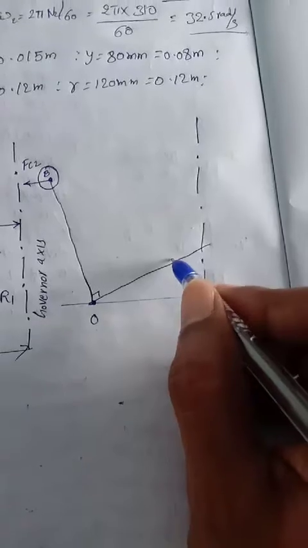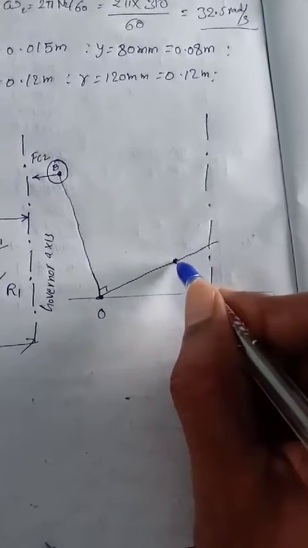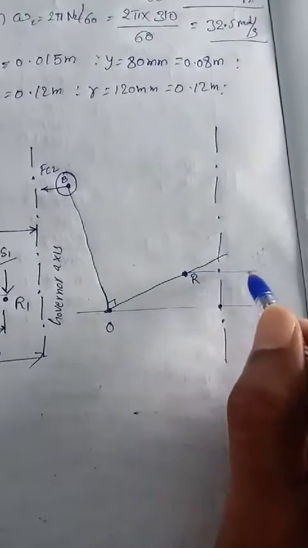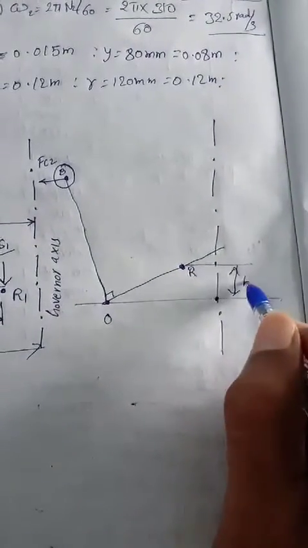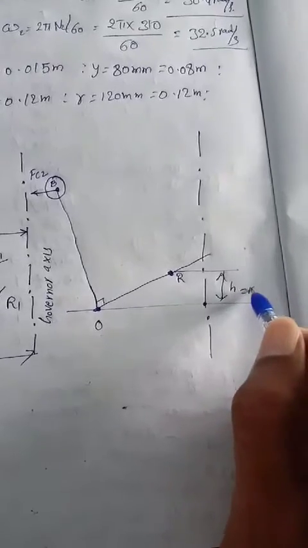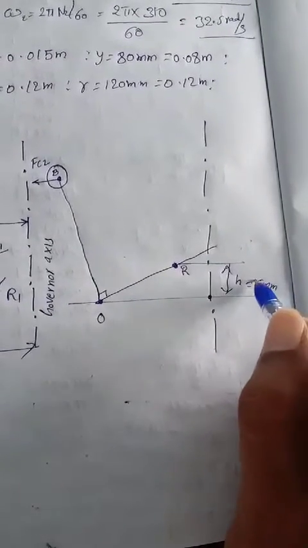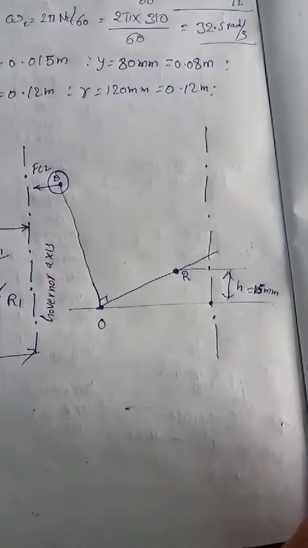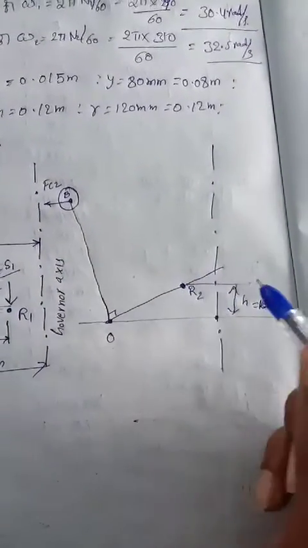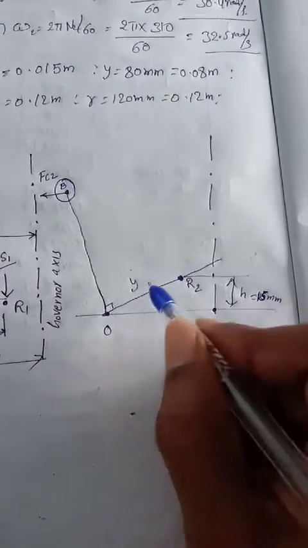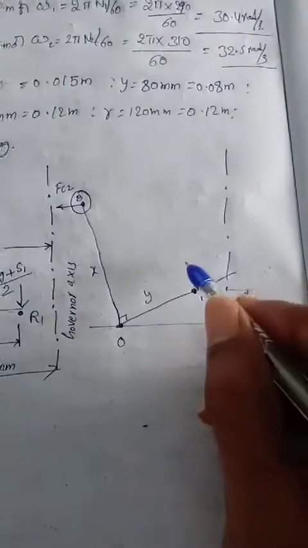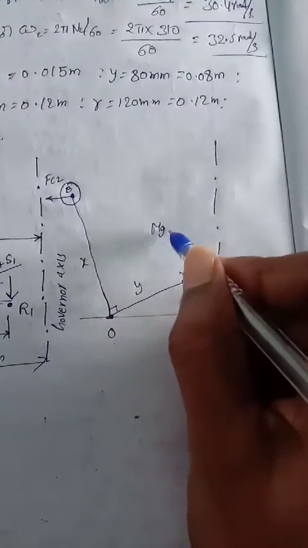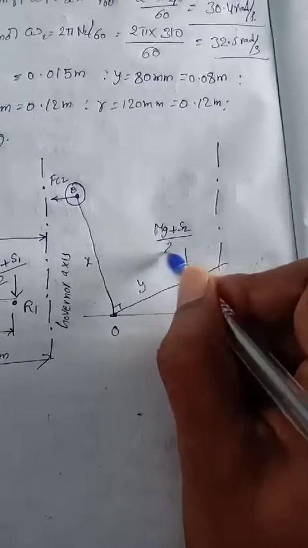Then here we take r, and from here to here the distance is called h, equal to 15 mm. Then here r2, this is y and this is x. Now here it comes mg plus S2 divided by 2.